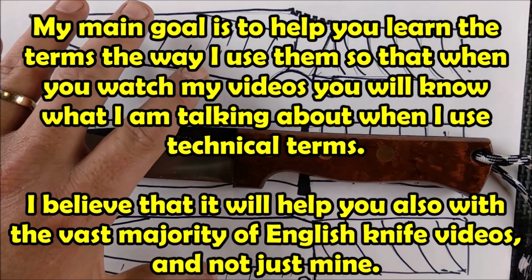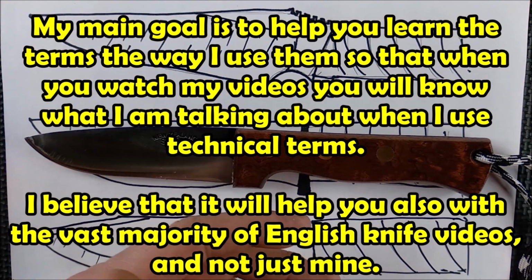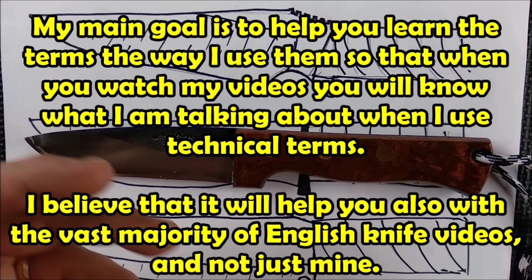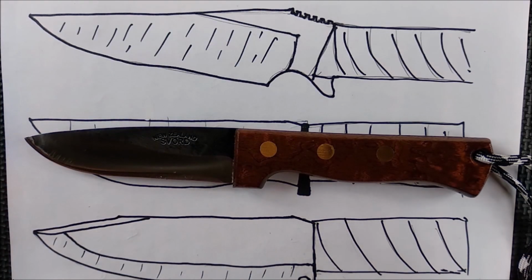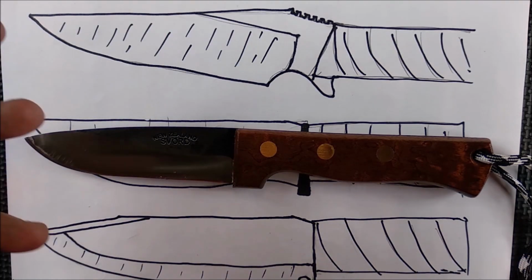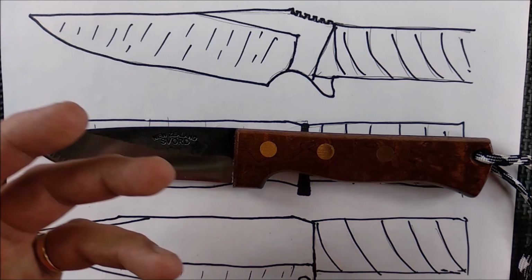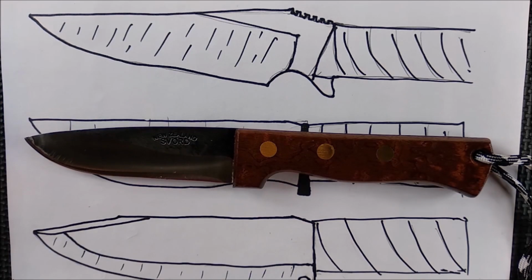So when I use these terms on my channel, this is what they're going to be referring to. Generally speaking, most people in Western English-speaking countries will refer to the knife parts the same basic way.